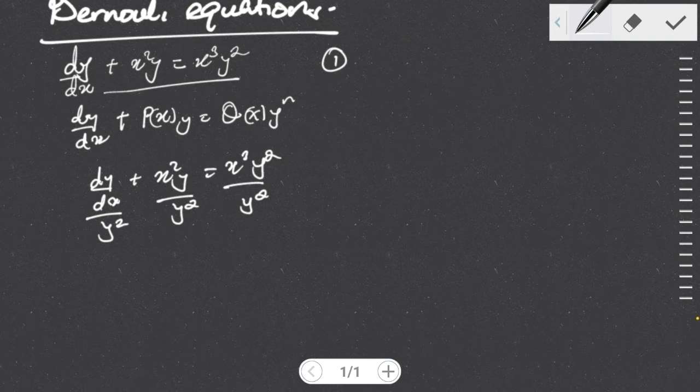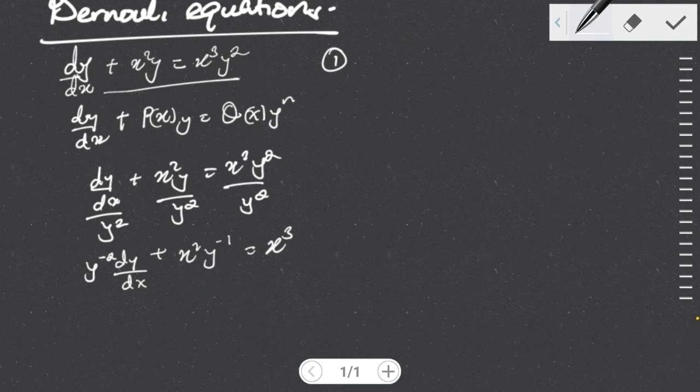After dividing throughout by y squared, this becomes y to power -2 dy/dx plus x squared y to power -1 equals x cubed.